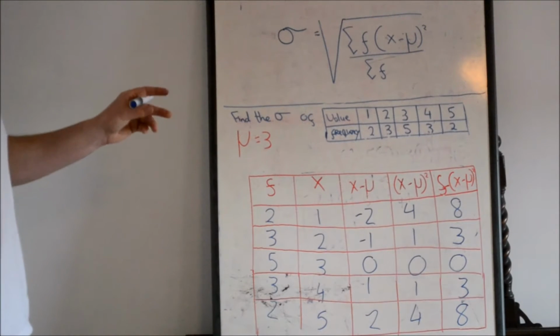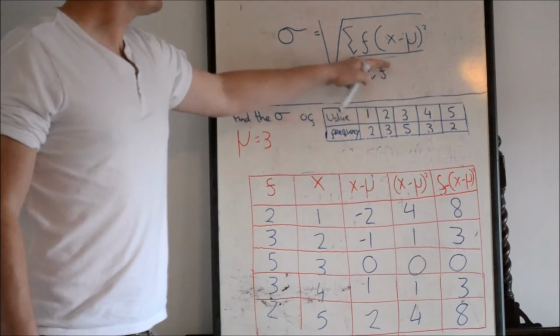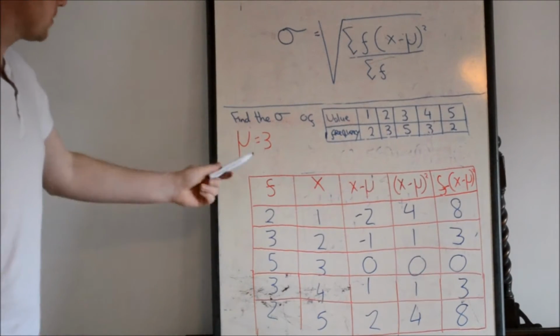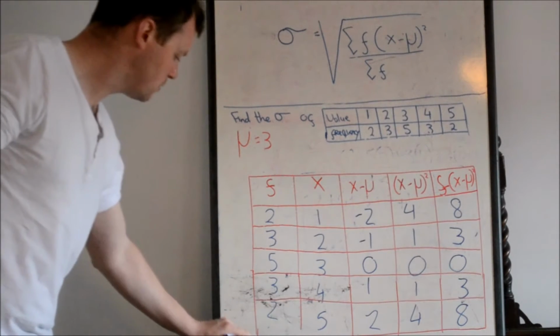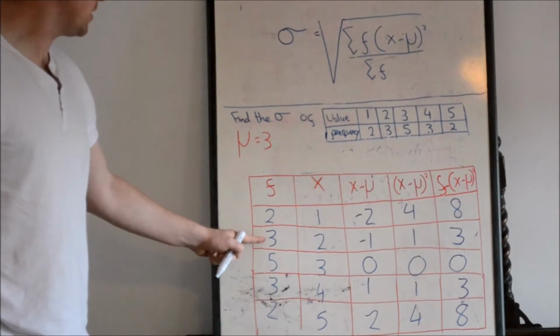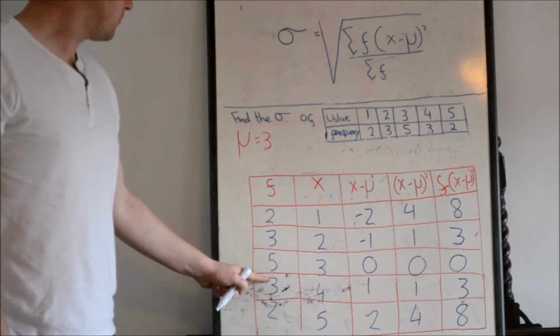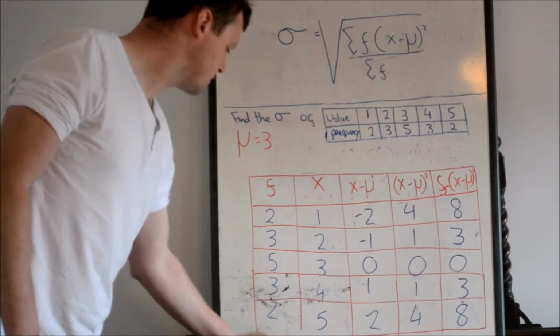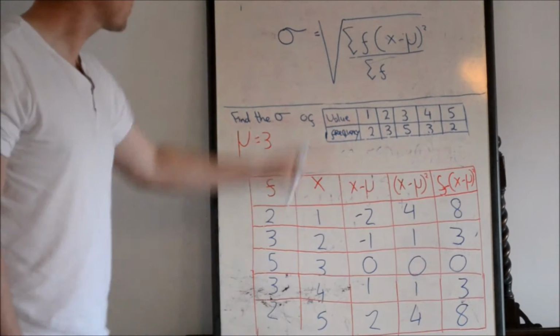Look back up at our formula. We want the sum of all the f's. Let's just add them up. This is the sum of all the f's: 2 and 3 is 5, and 5 is 10, and 3 and 2 is 15, which we actually got already when we were calculating the mean.